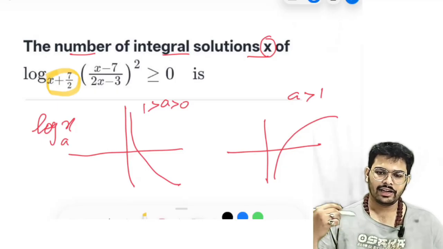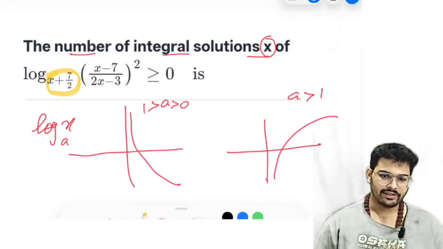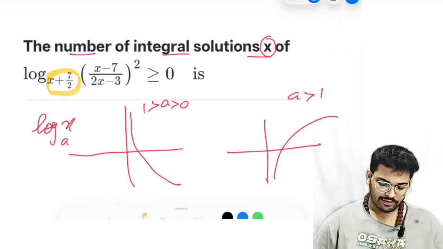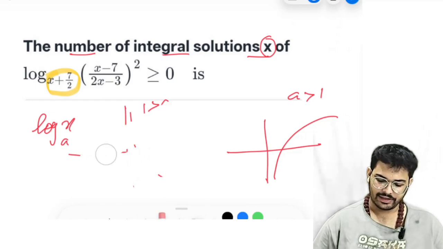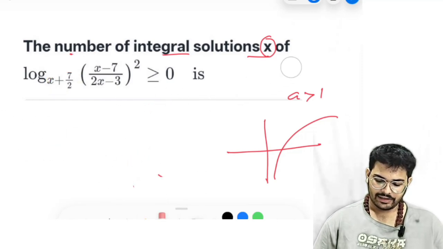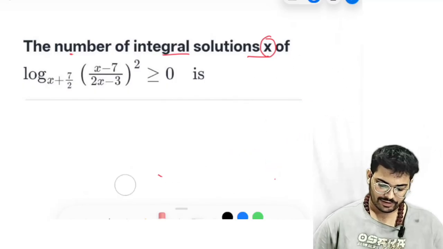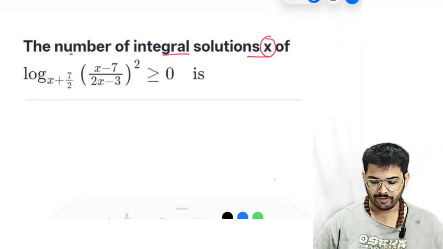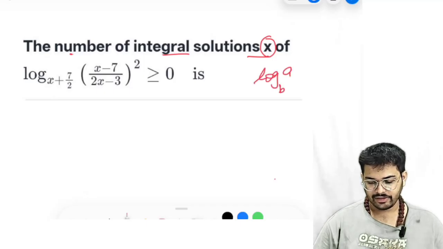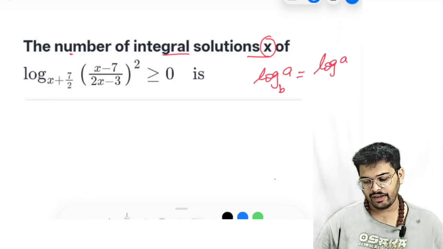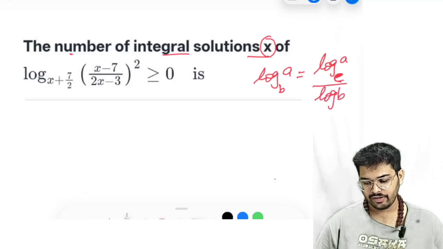Therefore we'll be converting the base in terms of e. So when a is greater than 1, we can use the regular graph. First I will be writing log a to the base b as log a to the base c divided by log b to the base c.